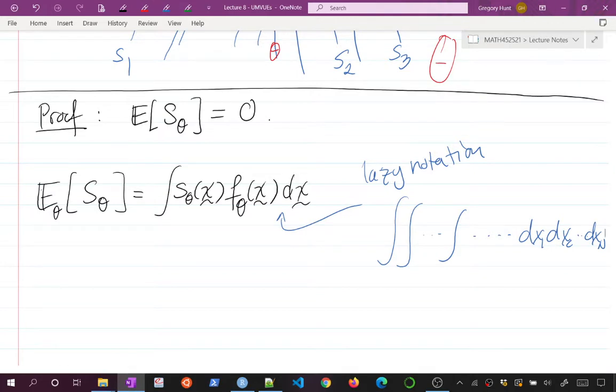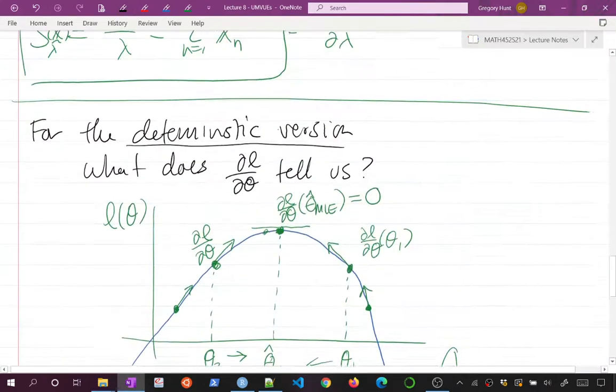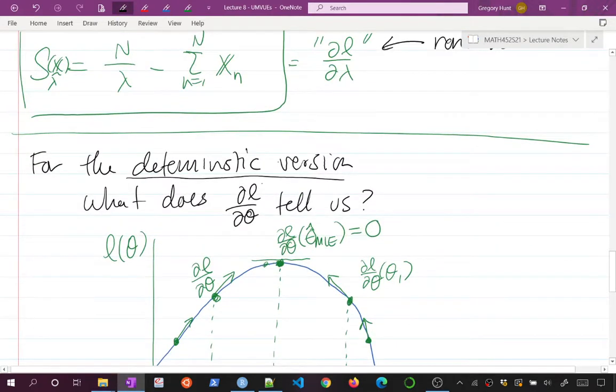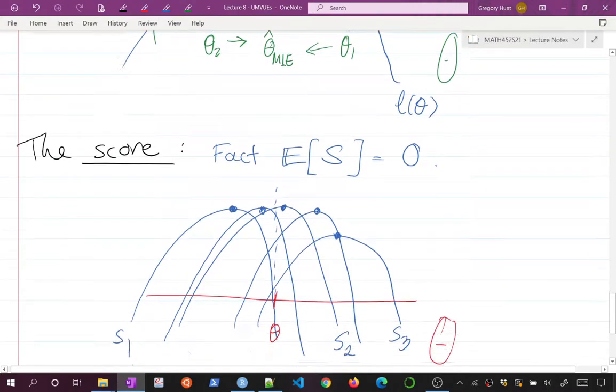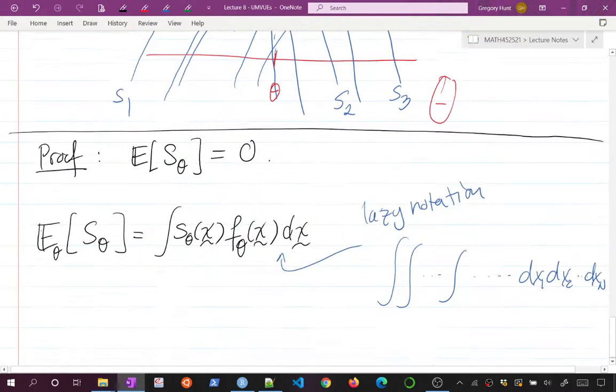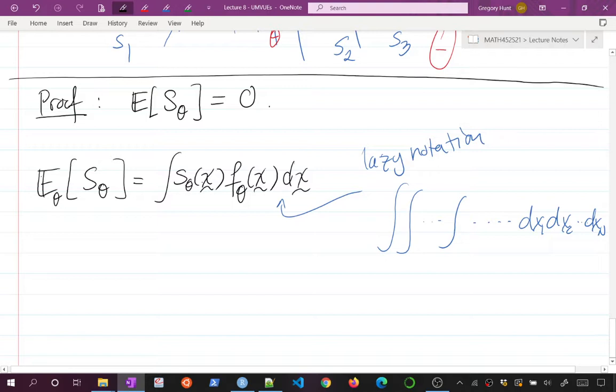Okay. So we noted that there's this deterministic version, which is dl d theta, and then there's the score version, which is basically where we treat it as a random quantity. And now if I take that thing but plug in the little x's, this is totally deterministic.